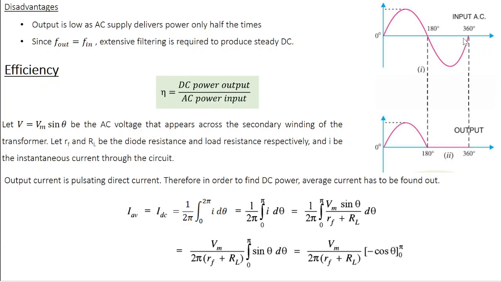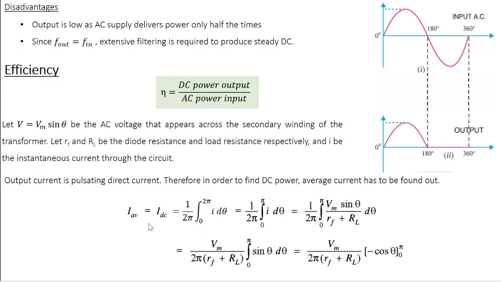You simply integrate the signal, right? So you integrate from 0 to 360 degree, or in terms of radian, 0 to 2 pi, signal I multiplied by the angular element d theta, divided by one complete cycle, which is from 0 to 2 pi. So divided by 2 pi.